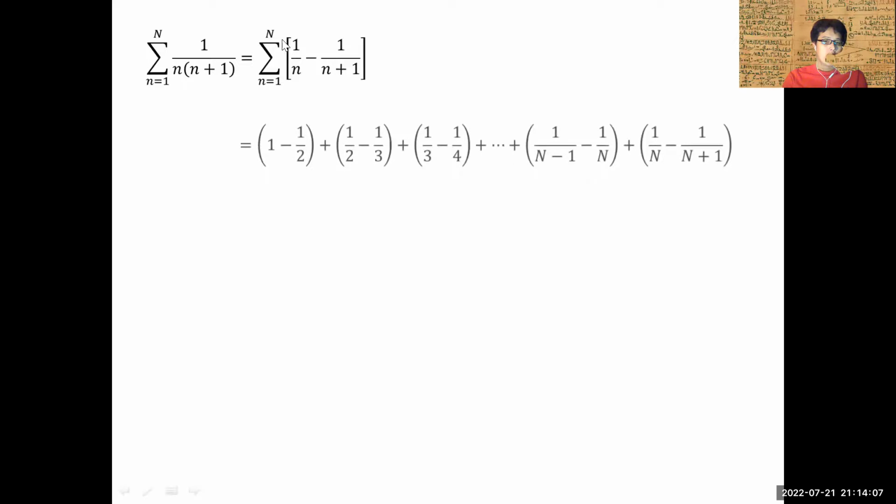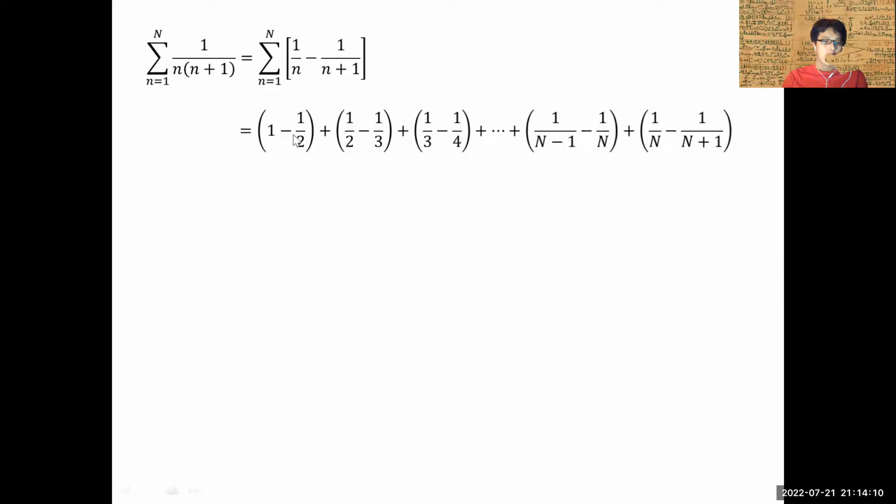So in this case, I'm going to write over the identity that we have obtained just now. Now, if you sum for any finite sum from n is 1 to any value of n, capital N, I just use it as capital N. You can see over here, the first term is definitely 1 minus half, and the next term is half minus a third, and then a third minus a quarter.